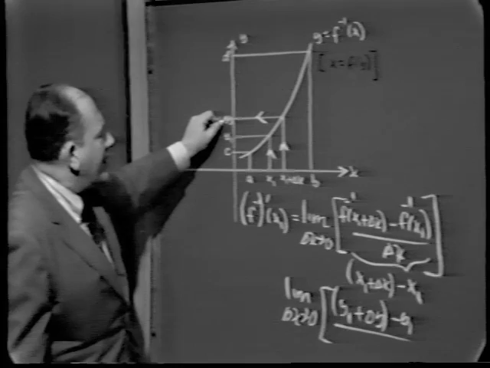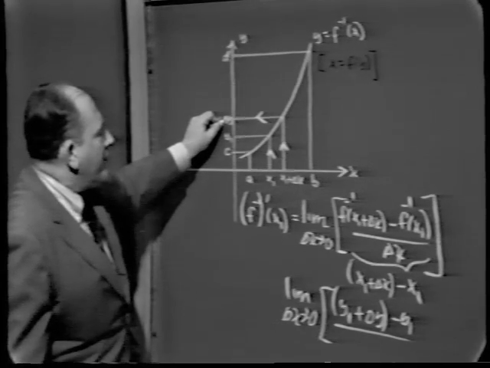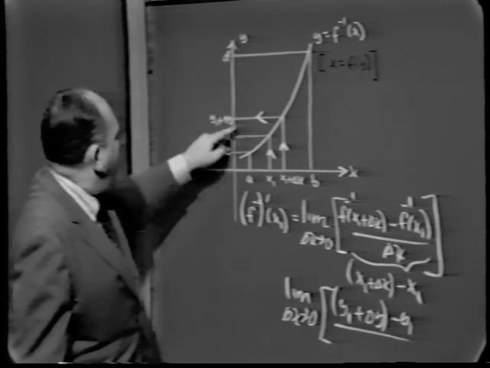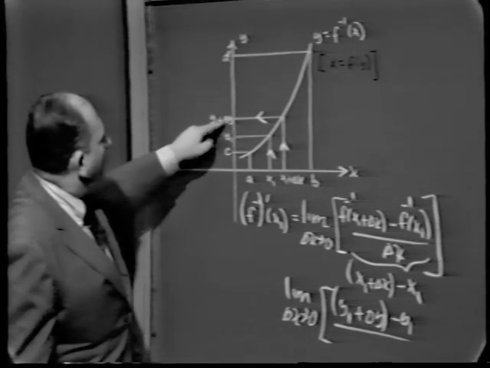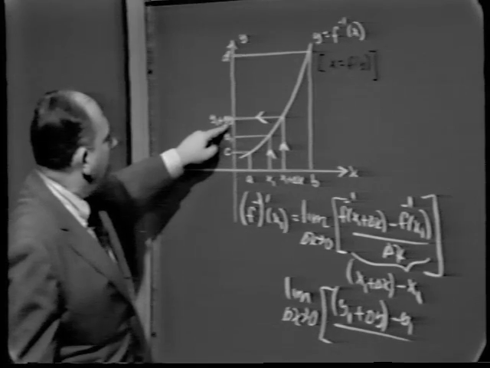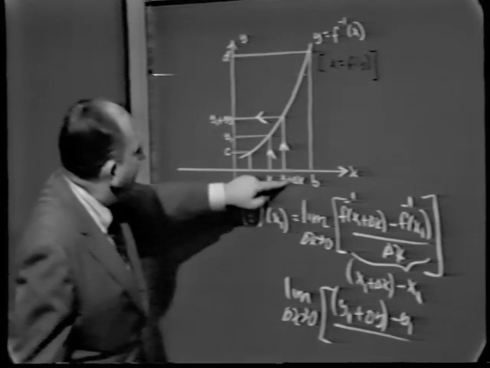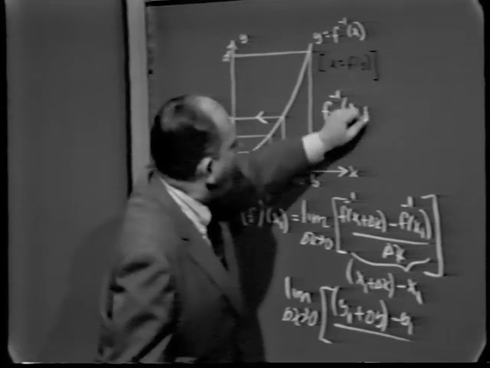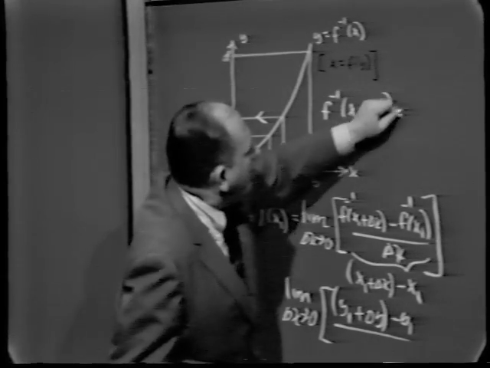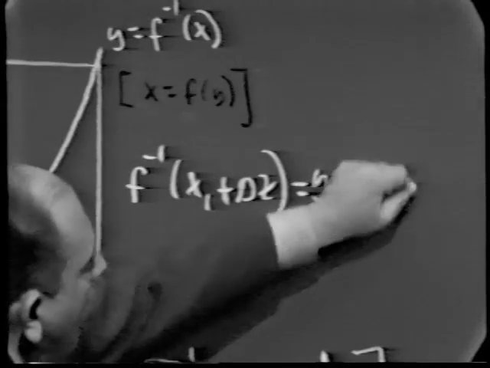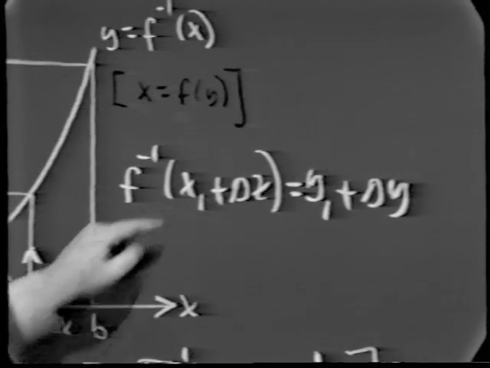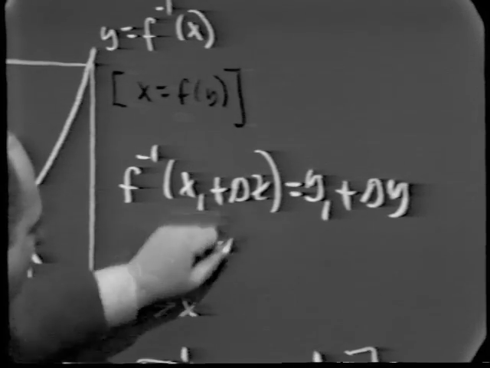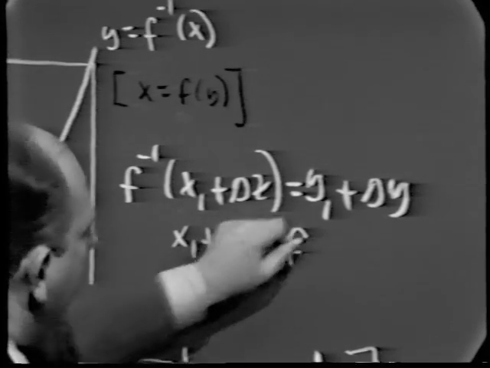Well, the idea is this. In terms of inverse functions, x1 plus delta x is just the back map of y1 plus delta y. In other words, since f inverse of x1 plus delta x is equal to y1 plus delta y, that's another way of saying that x1 plus delta x, we might as well write this because this is what we're emphasizing.